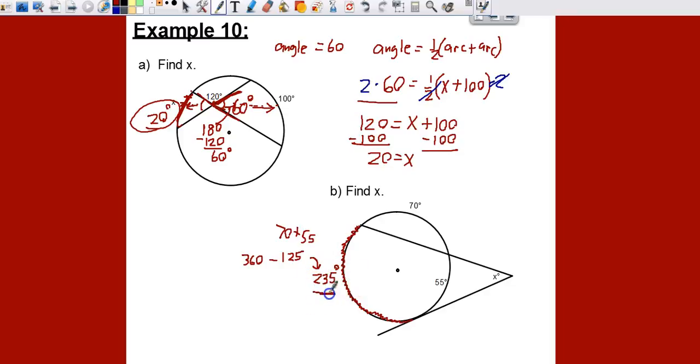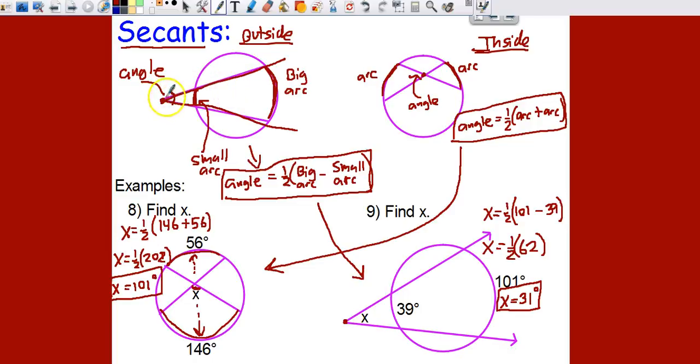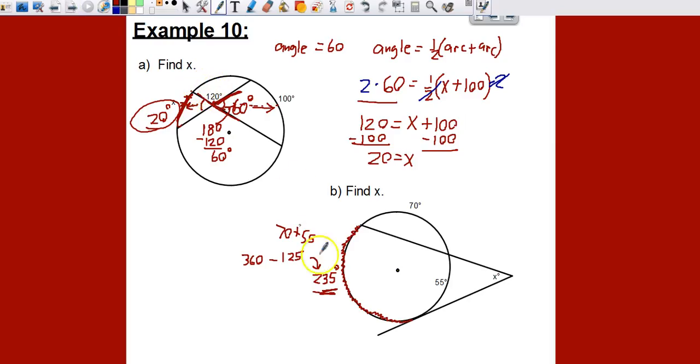All right, down here, as you recall, we added these together and subtracted from 360. So this is the formula that has the outside one. That's going to be angle equals 1/2 big arc minus small arc. And in this problem, we actually are given both arcs. We have to find the angle.